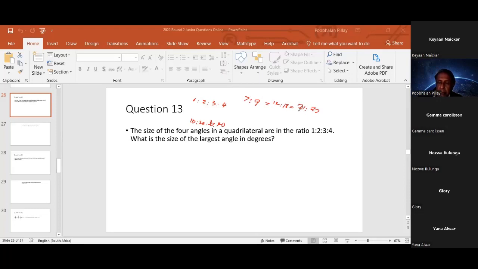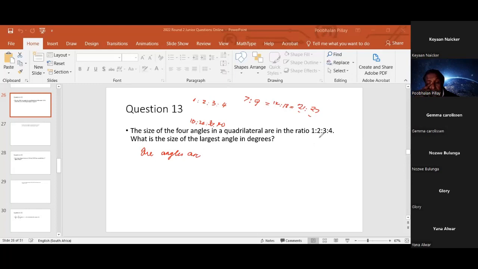Take out the 3 and you come to that, and so on. So in a ratio, we don't know what the actual numbers are. That is the point. But we do know that if you multiply all the numbers by the same number, you'll get the same ratio.